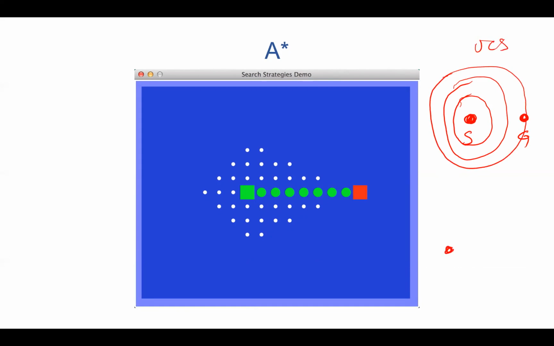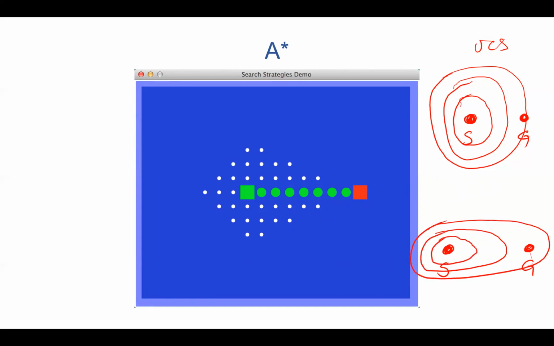For A-star, our goal is to initially expand a little bit like this, then get closer and closer to the goal. Our goal is to expand the least number of possible nodes that are away from the goal using A-star. This is how we will make it optimal, and we will make it complete.